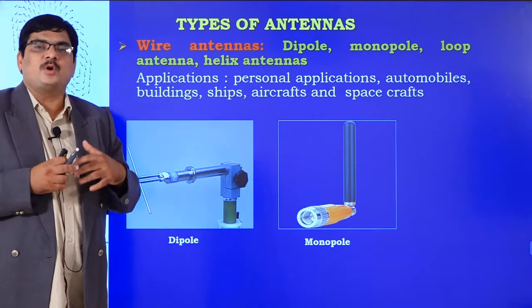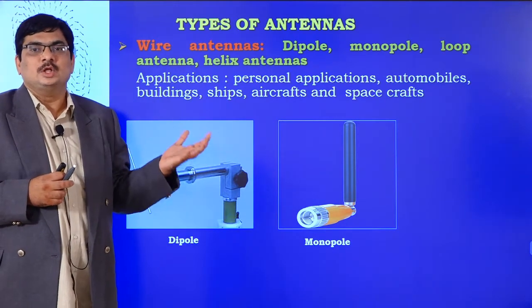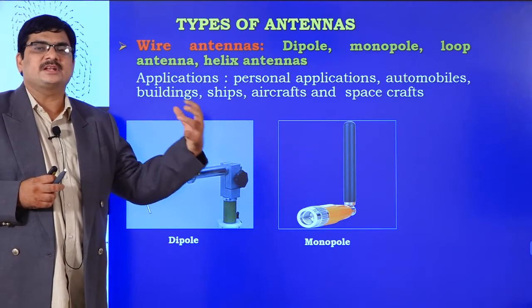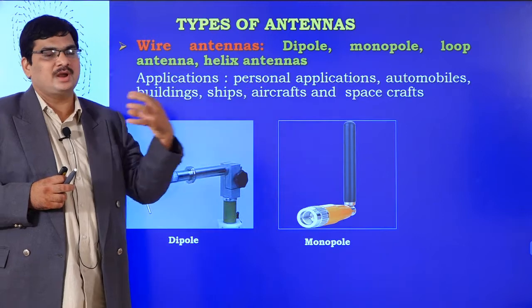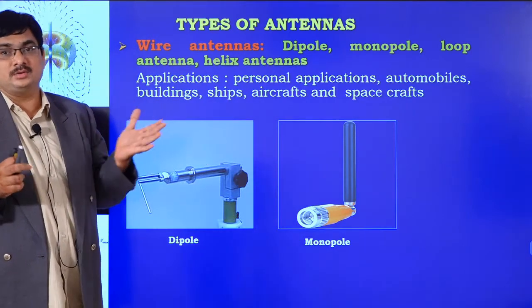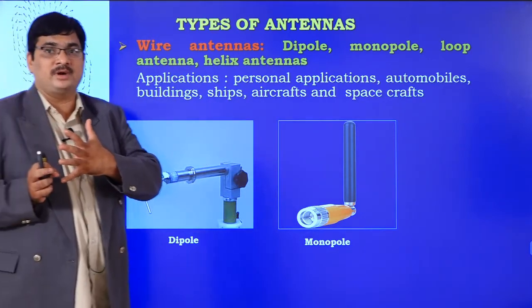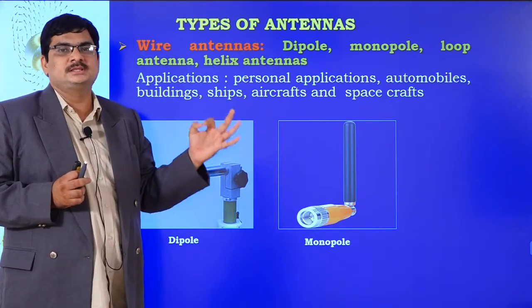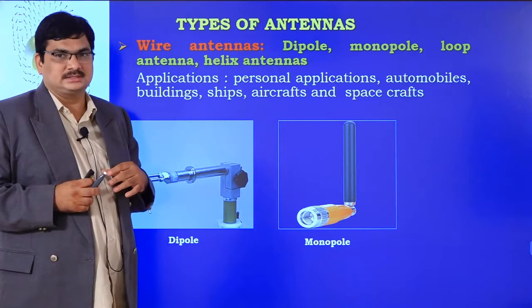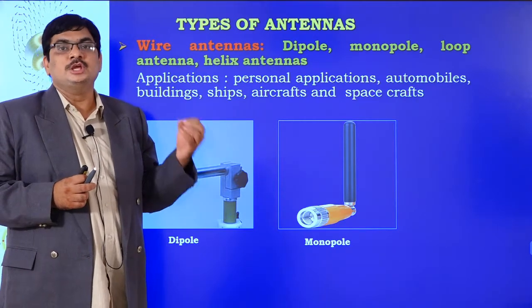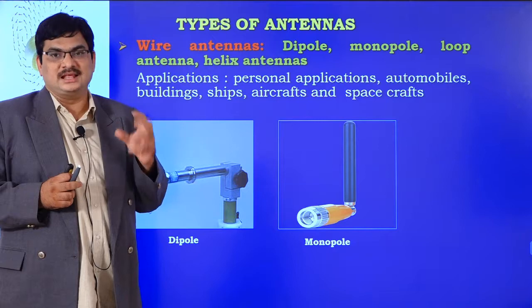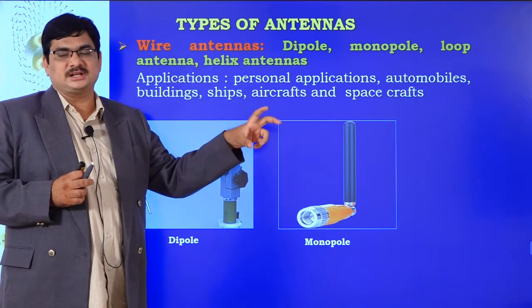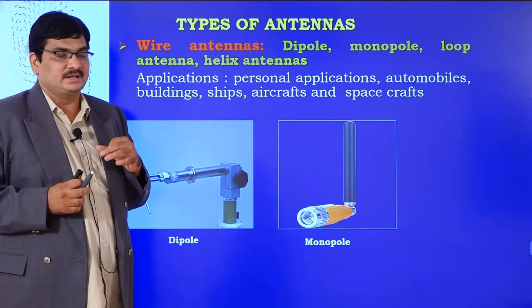Another important property is equal directional properties. Suppose one transmitter antenna is transmitting in one direction, the antenna we use on the receiver side should also possess the same characteristics. And third, you have equal effective length, so the length chosen for the transmitter side should match the receiving side.